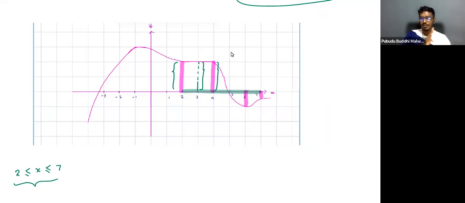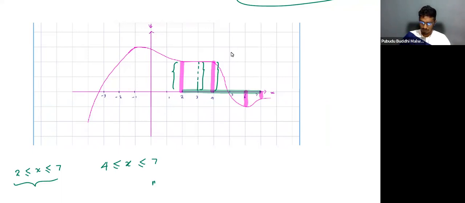Basically, for all the values between 2 and 4, you will get the maximum value. So if I restrict this interval further down to 4 to 7, then clearly we can write the maximum value, because that way we can identify the maximum as a single point. That is when x equals 4.